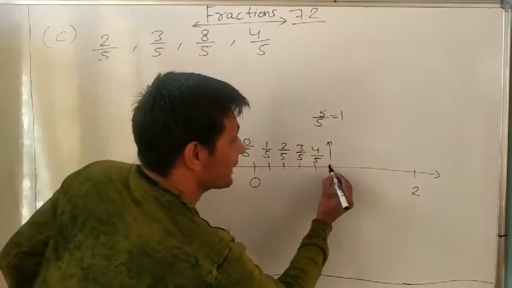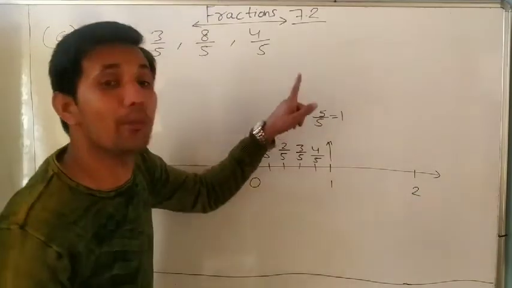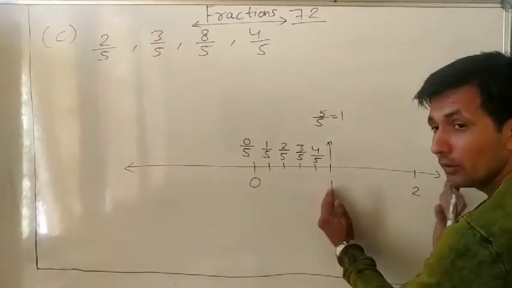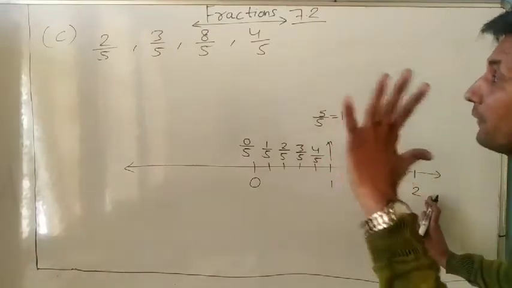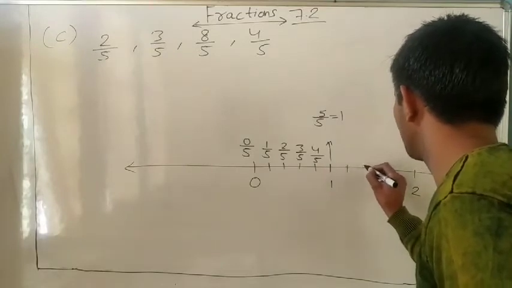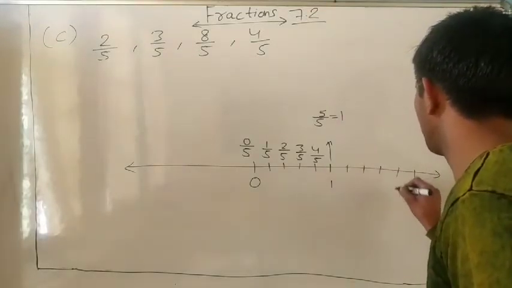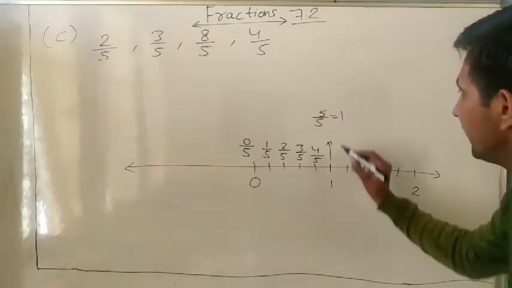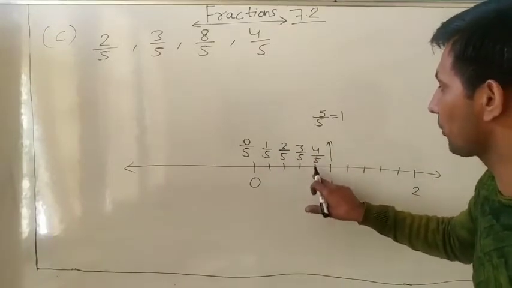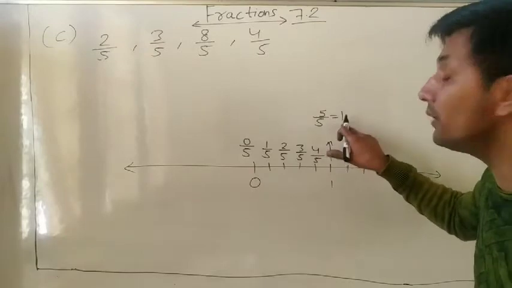It means next to this one is 6 upon 5. So again, between 1 and 2 we will divide into 5 equal parts, because how many equal parts? 5. So 1, 2, 3, 4, 5. So it means it is 1 by 5, 2 by 5, 3 upon 5, 4 upon 5, and 5 by 5 means 1.